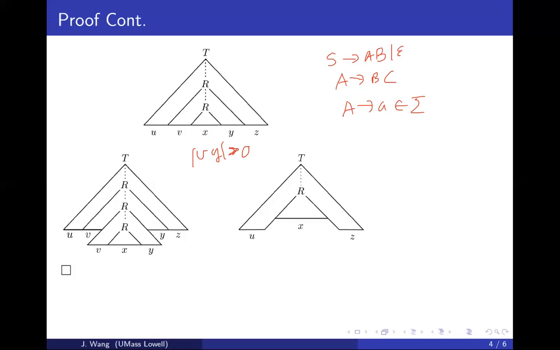And then you push this R as high as possible, then you can make sure this part will not be too long. In other words, you can make sure this part is less than or equal to P. If it's longer than P, then you can just keep pushing it up, pushing it up, until you find it. So that is the proof of this pumping lemma.